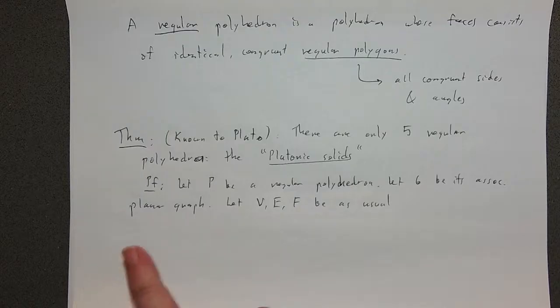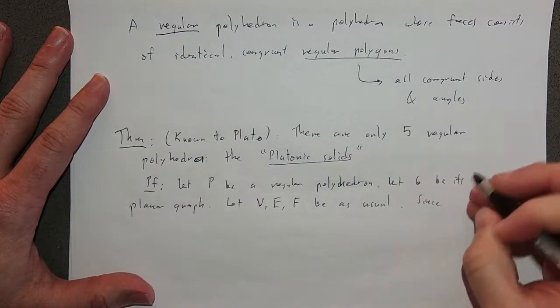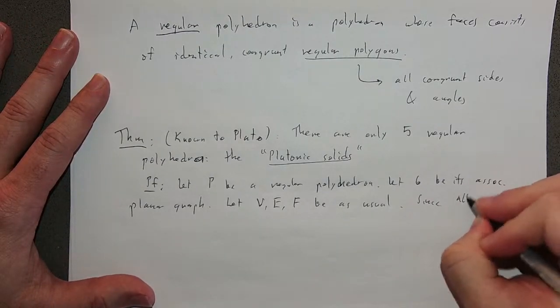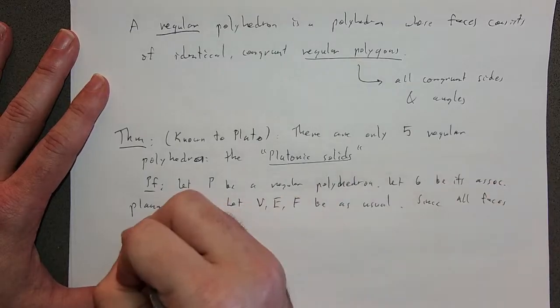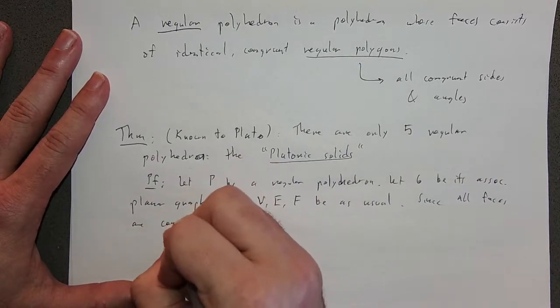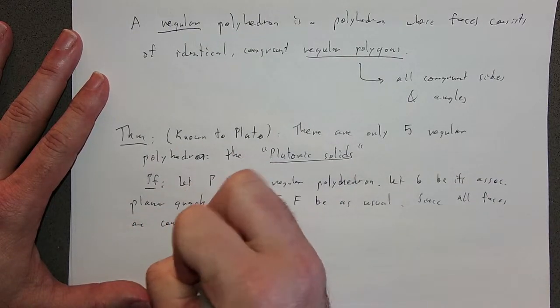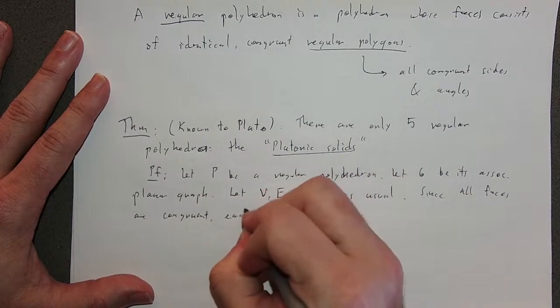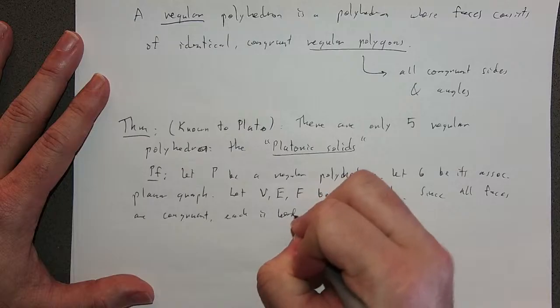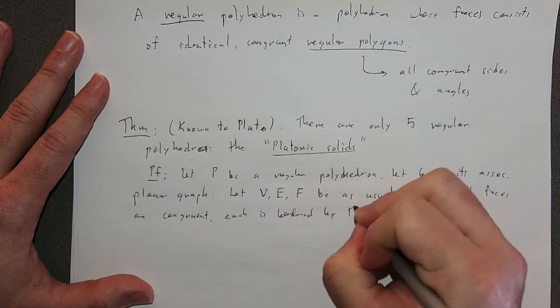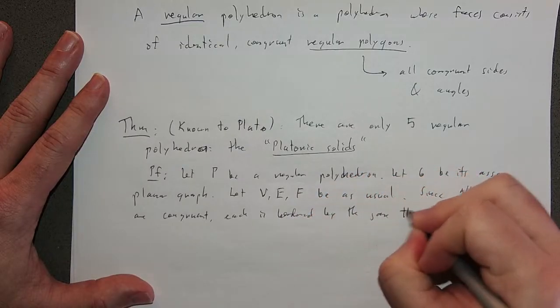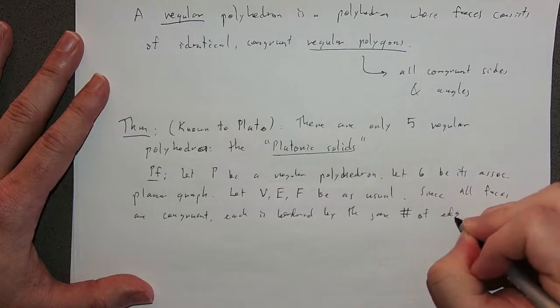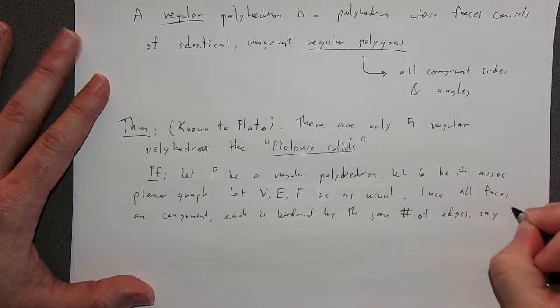Since the faces of P are congruent, each is bordered by the same number of edges, say k.